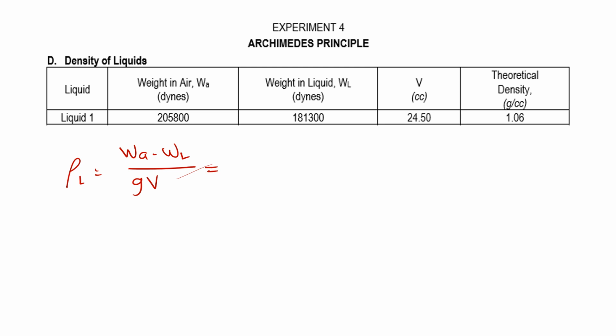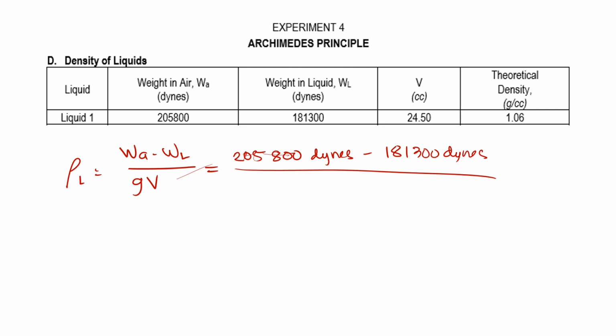This is equal to weight in air, 205,800 dynes, minus 181,300 dynes, over 980, which is the constant value of g, then multiplied by the volume displaced, 24.50 cubic centimeters.